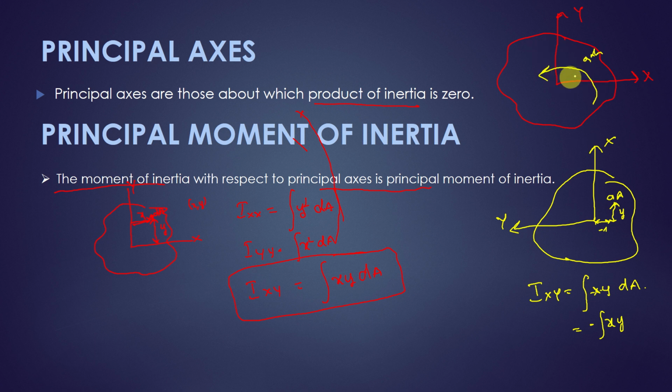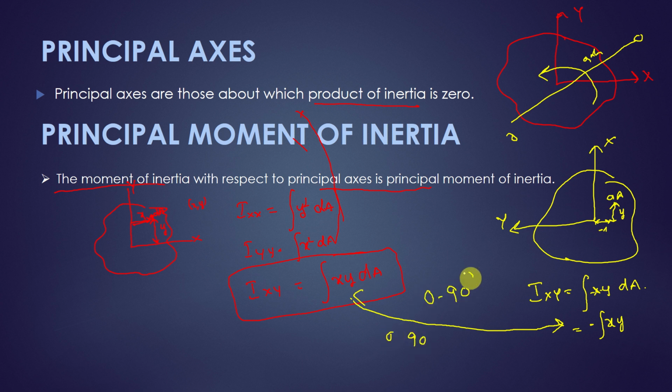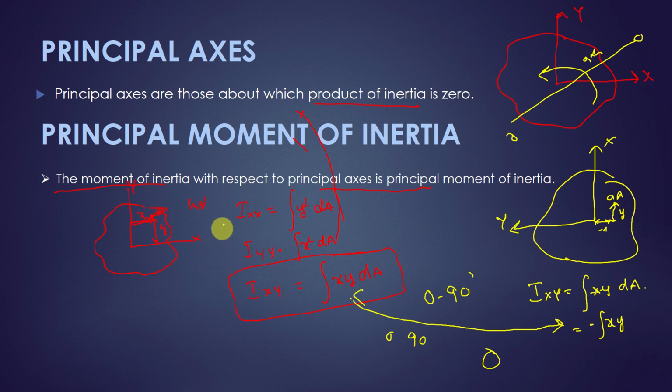So somewhere between those 90 degrees, it is getting to 0, right? Between that 0 to 90 degrees, at some angle, this product of inertia will become 0. Those axes are known as principal axes, and moments of inertia about those axes are called principal moments of inertia. So let us now see with an example clearly.